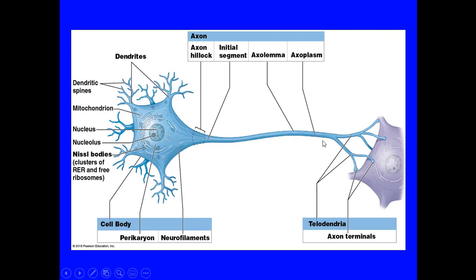Now, the cytoplasm here in the axon is called the axoplasm. The cell membrane of this axon is called axolemma. And then we have branches here, which are referred to as collaterals or telodendria. And then we have these bulb-like structures that we call axon terminals.